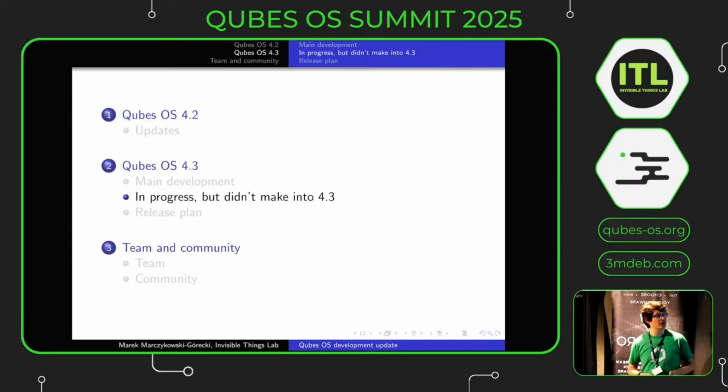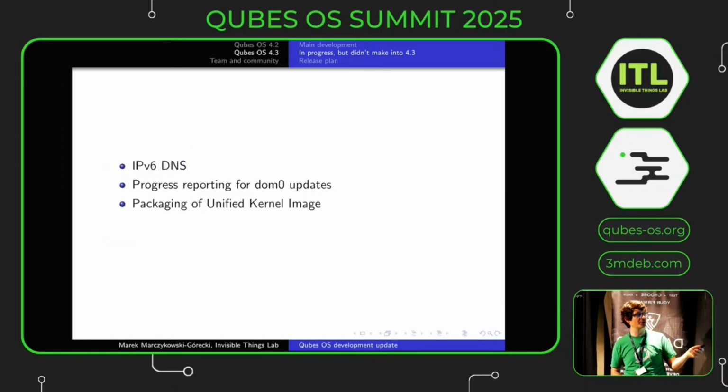Okay. There are few points that are in progress, but in the end didn't end up in 4.3. So there is a set of pull requests for DNS over IPv6. We do have IPv6 support for the network traffic, but even if you enable that, DNS is still going over IPv4.